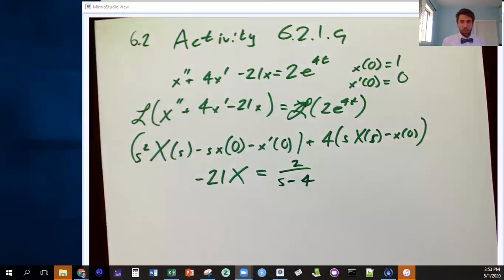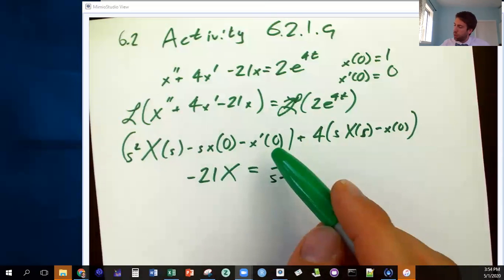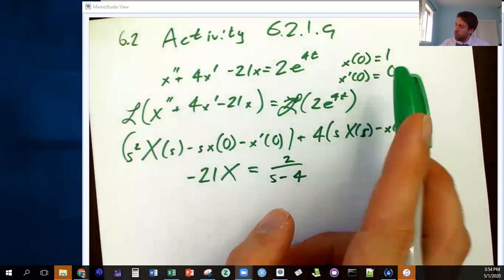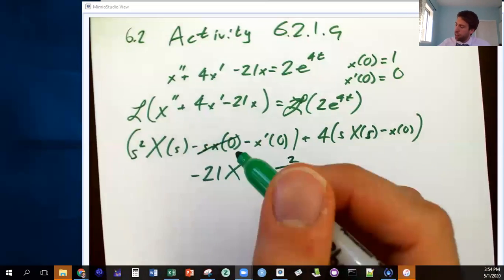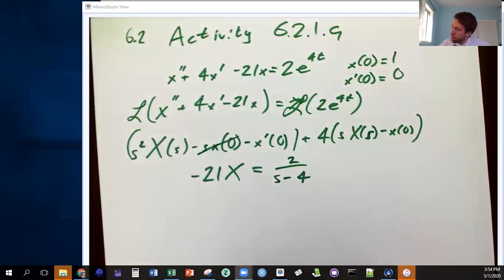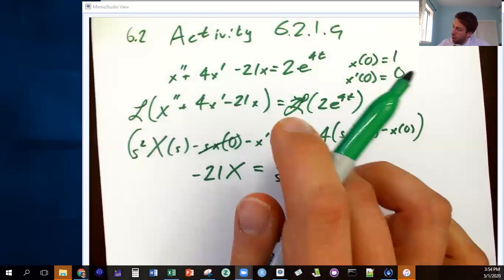Now we really need to simplify this. So fill in our x of 0 and x prime of 0. x prime of 0 is 0, so we can just forget about that term, which is fantastic. And x of 0 is just 1.